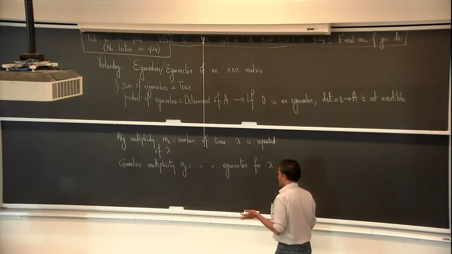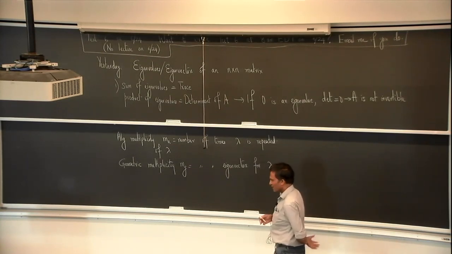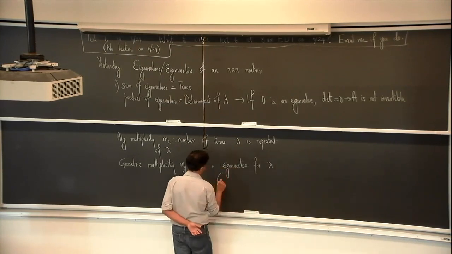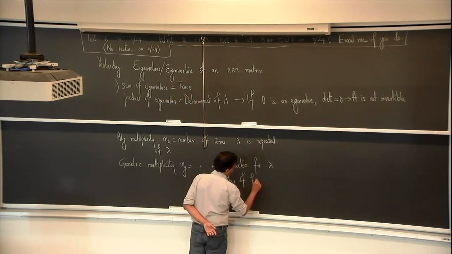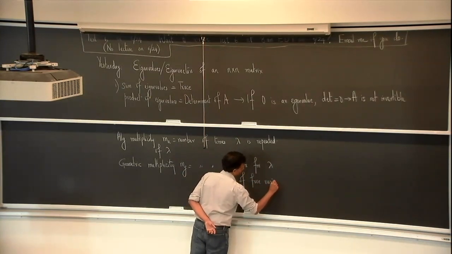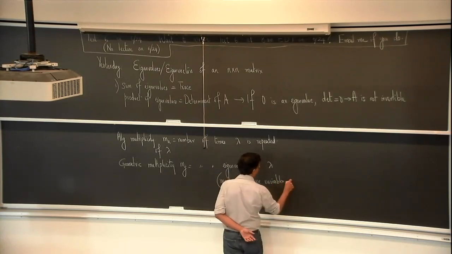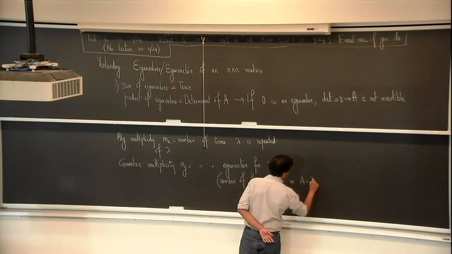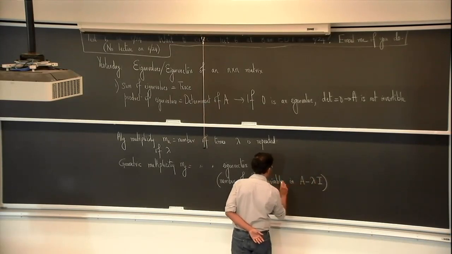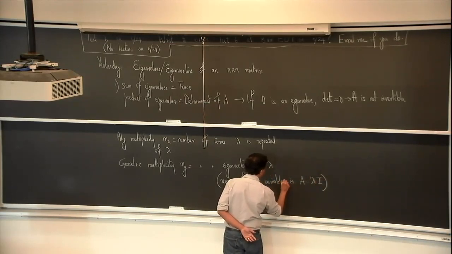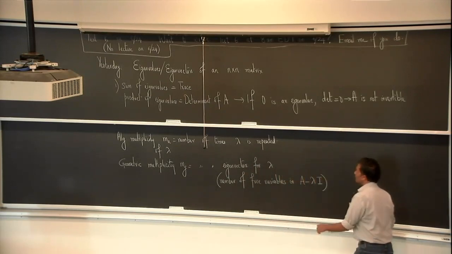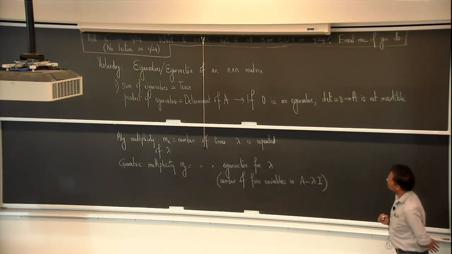which I think based on the examples we have done, you must be able to relate to the number of free variables you get. Okay. So this is the same as the number of free variables in A minus lambda I. And everything depends on the characteristic polynomial you're solving for the matrix.